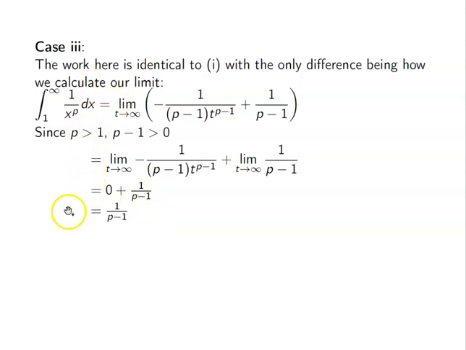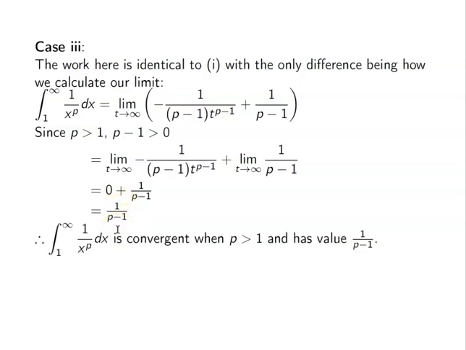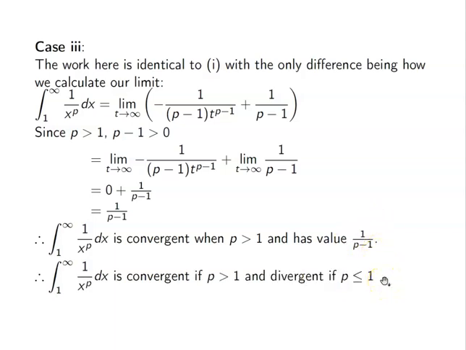So my limit comes to a single value, which means it is convergent. So when p is larger than 1, this integral is convergent, and it converges to the value 1 over p minus 1. If p is equal to 1 or less, this integral is divergent.